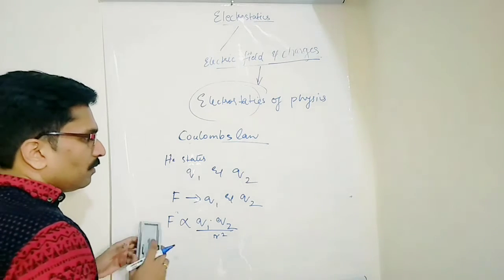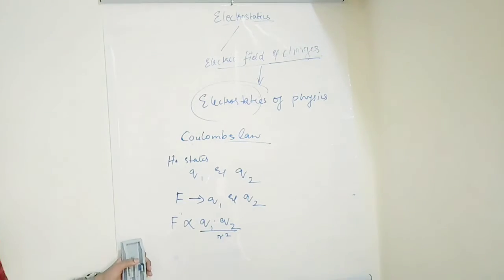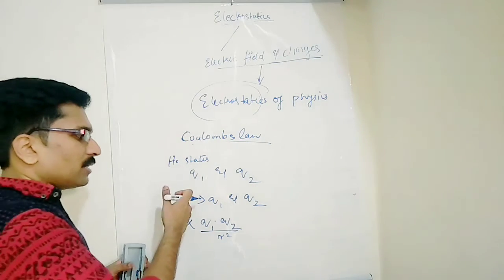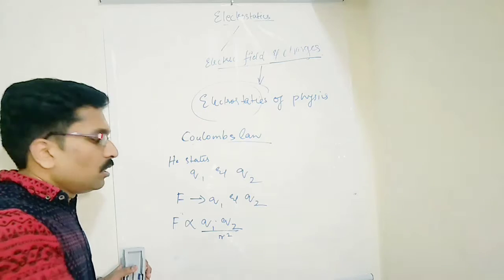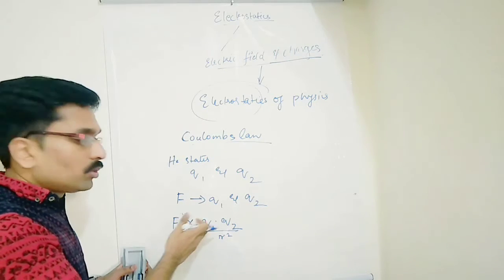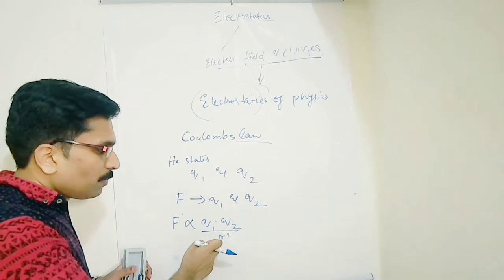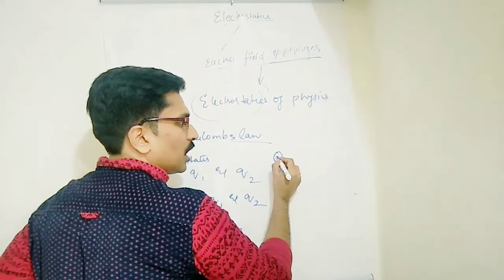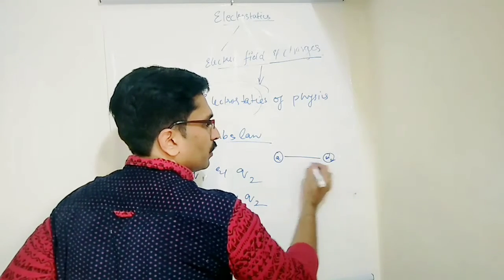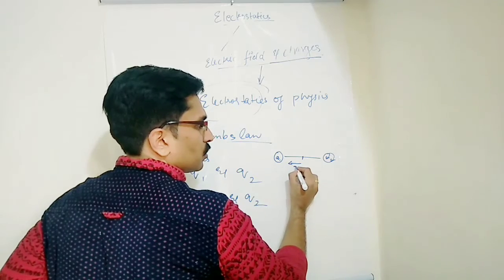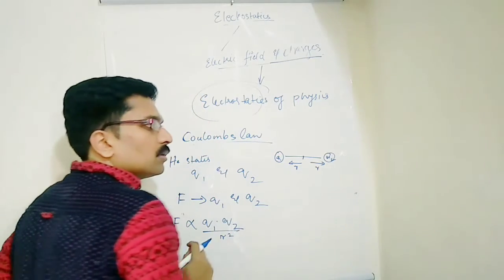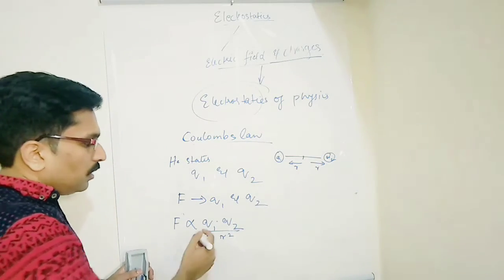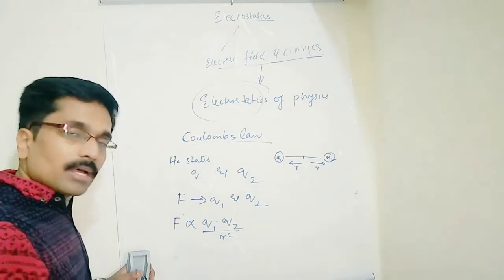Once again, Coulomb's law states that like charges repel and unlike charges attract, and the force between the two charges Q1 and Q2 is directly proportional to the product of their charges and inversely proportional to the square of the distance between them. If we take a charge Q1 here and a charge Q2 here, the distance between them is R. So we have F directly proportional to Q1 Q2 by R square.